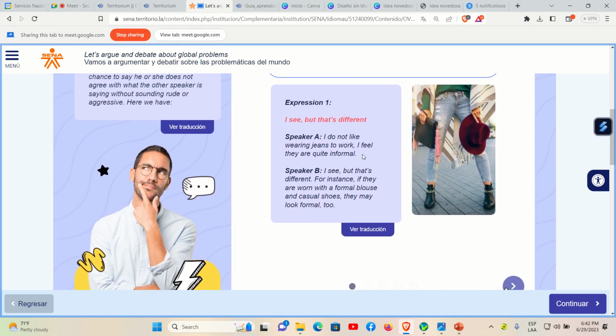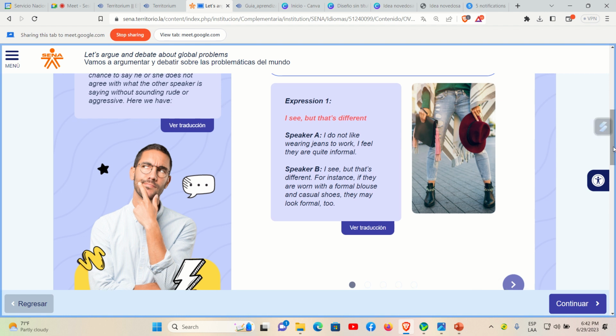Okay, this is more for a conversation, right? So we said, for instance, when someone says something, and you are not quite in agreement with that person, you can use some expressions.